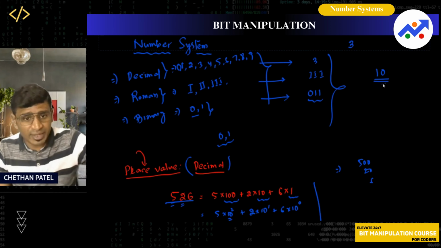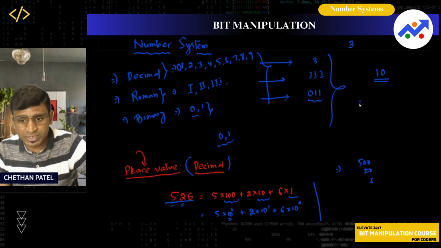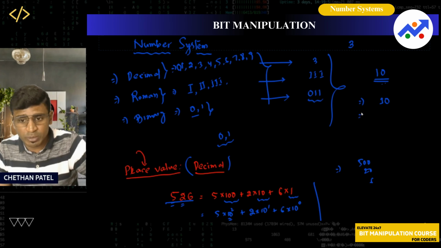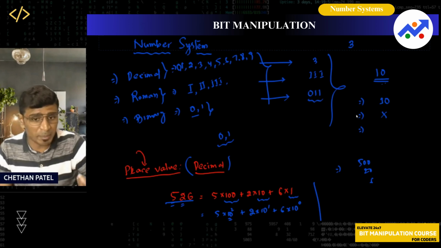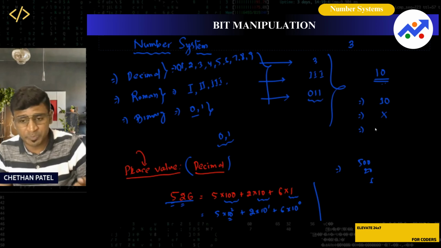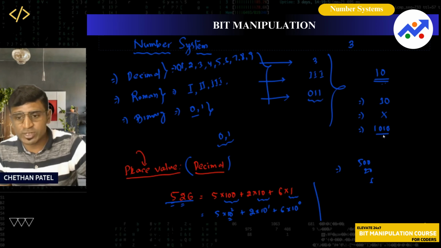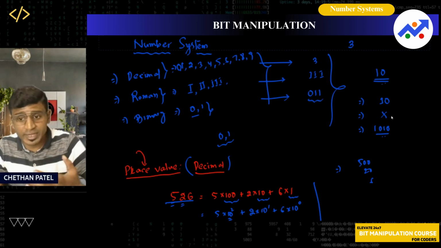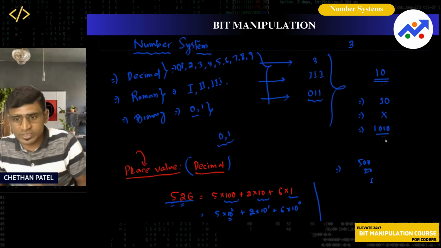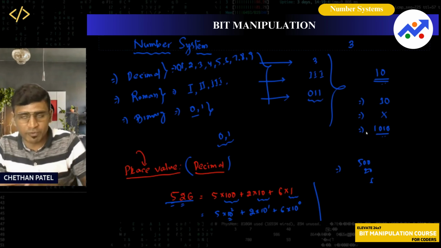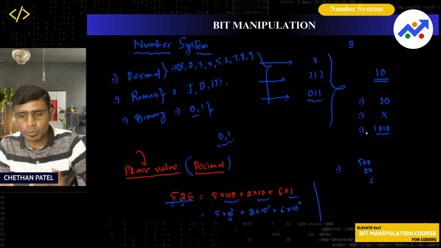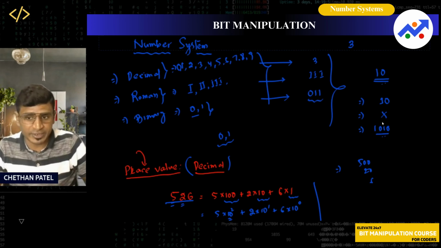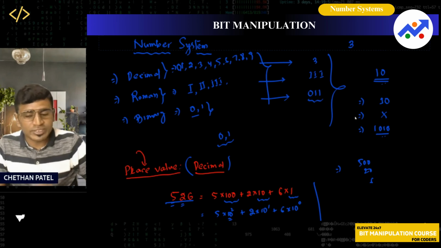This 10 I can write in the decimal number system as 10, in Roman as X, and in the binary number system as 1010 in 4-bit format. If you don't know what 4-bit is, don't worry, but this is how I can represent it.